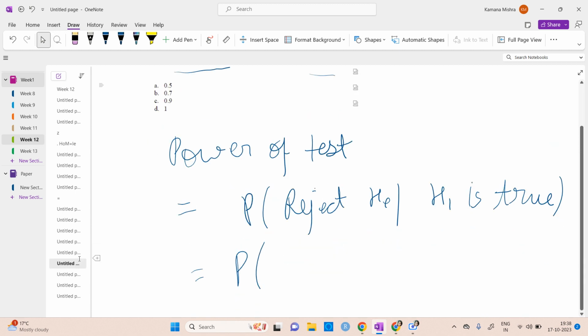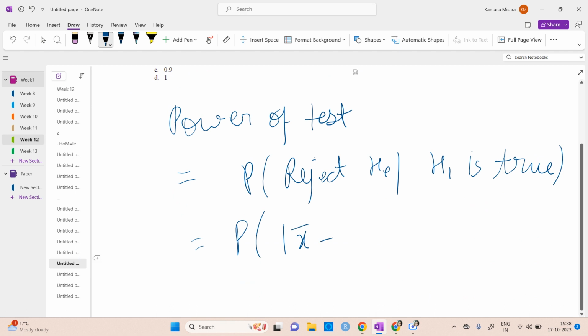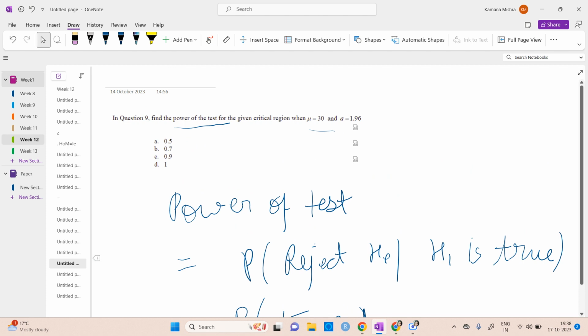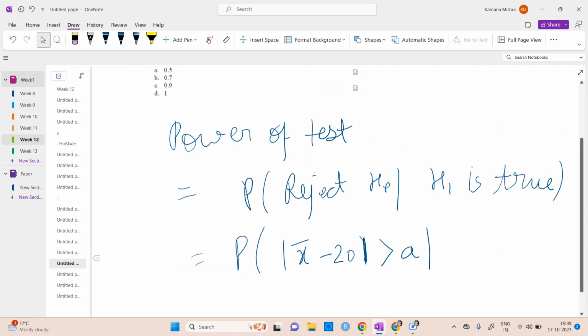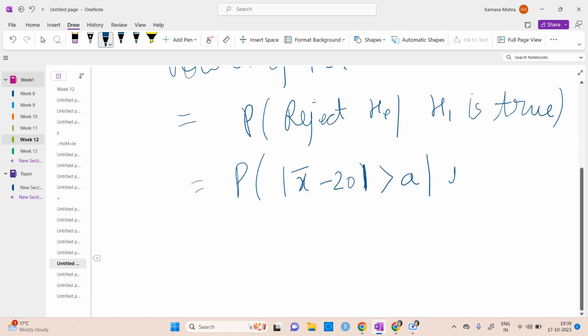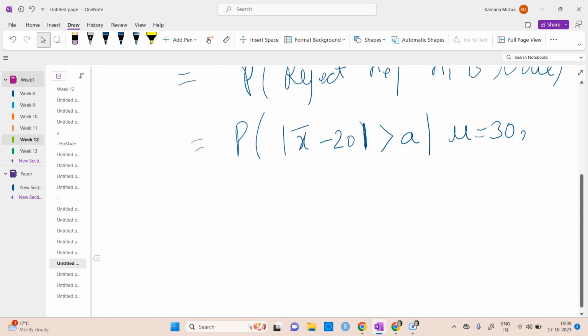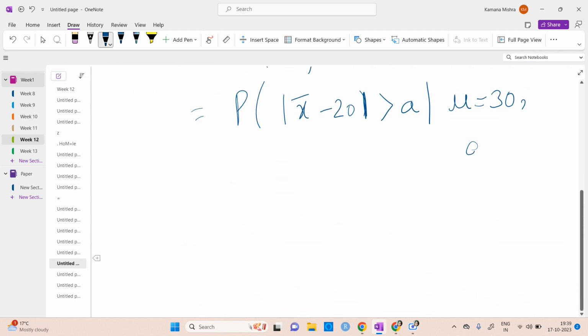So mod of x bar minus 20, and h1 is true, greater than a, given mu is equal to 30, and a equal to 1.96 is also given, right? Now it would be different.